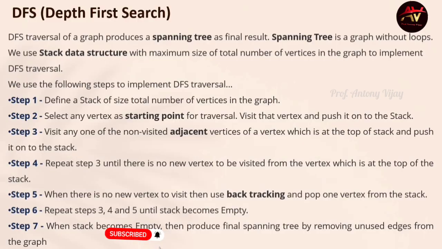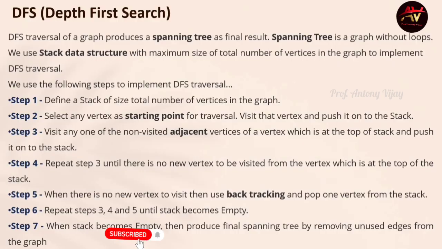After visiting a particular adjacent vertex, we push it into the stack. Every time we find the non-visited adjacent vertices and push that vertex into the stack. This process is repeated n number of times.